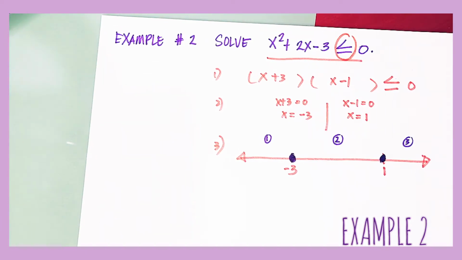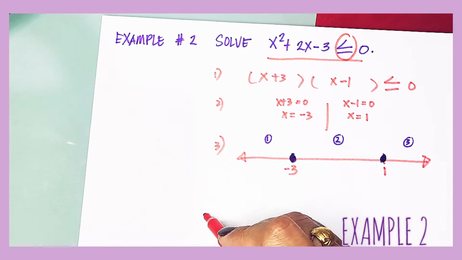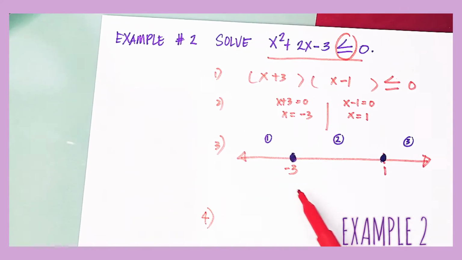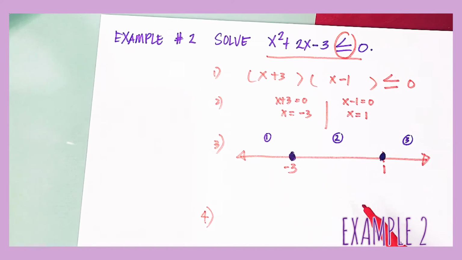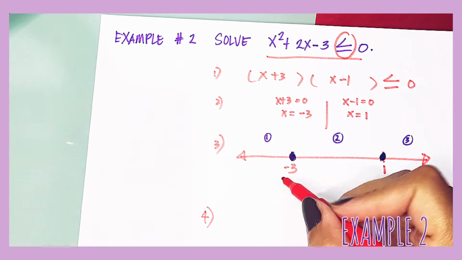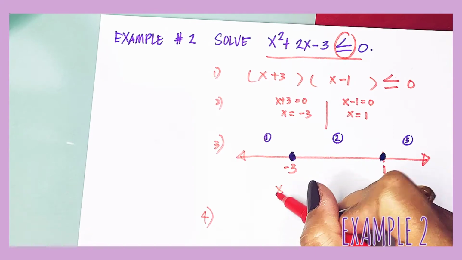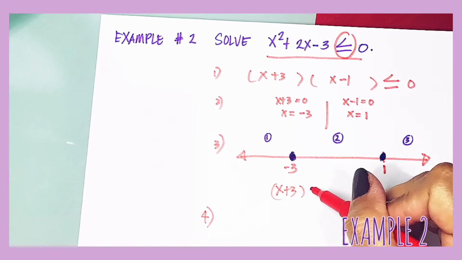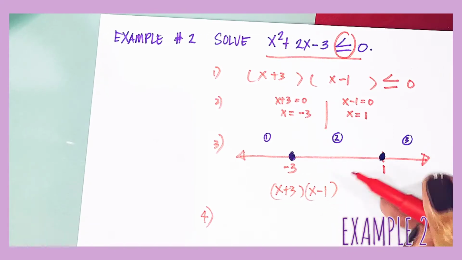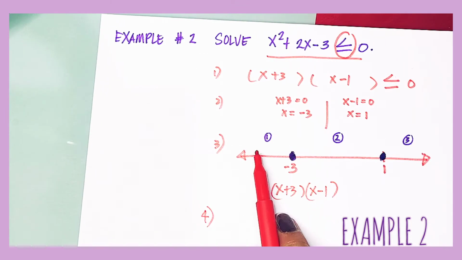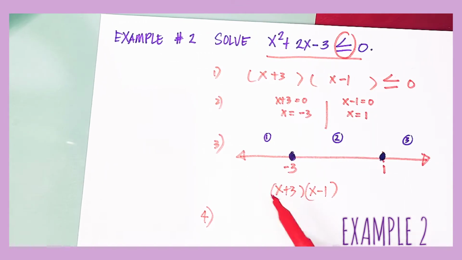Now, the next step is to get one number from each region. Then, we substitute it into the given factors x plus 3 and x minus 1. From negative 3 on region 1, let's choose negative 4.